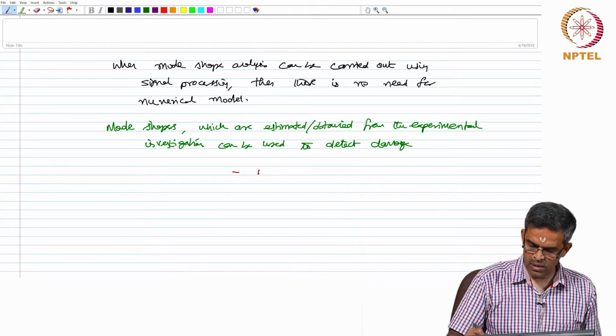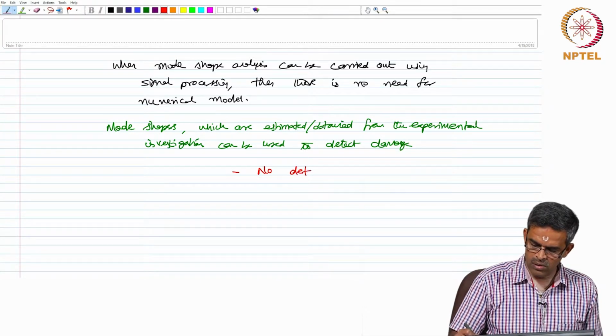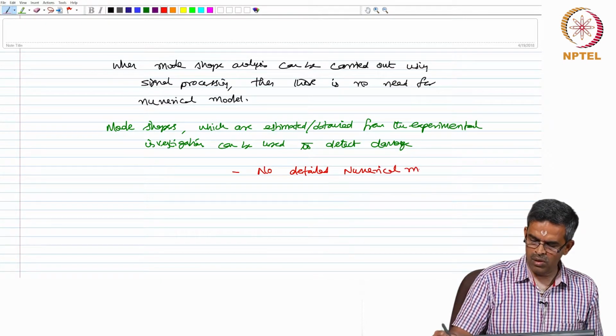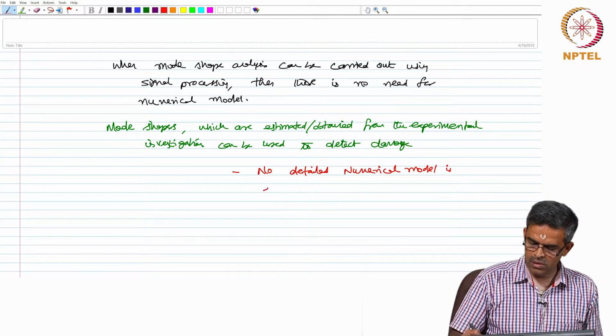So, I should say here no detailed numerical model is essential.